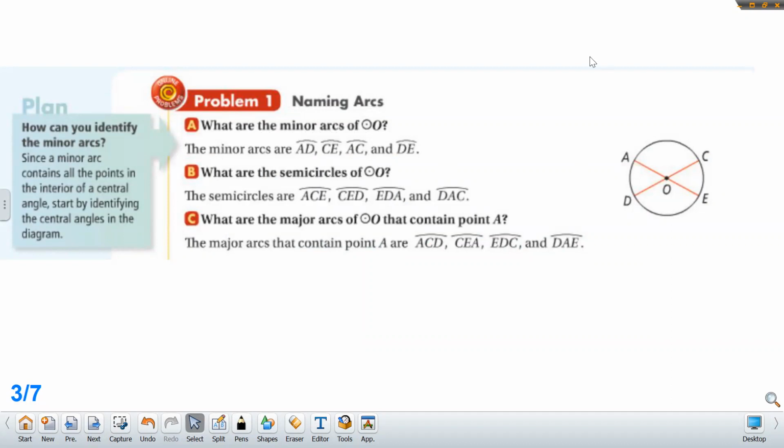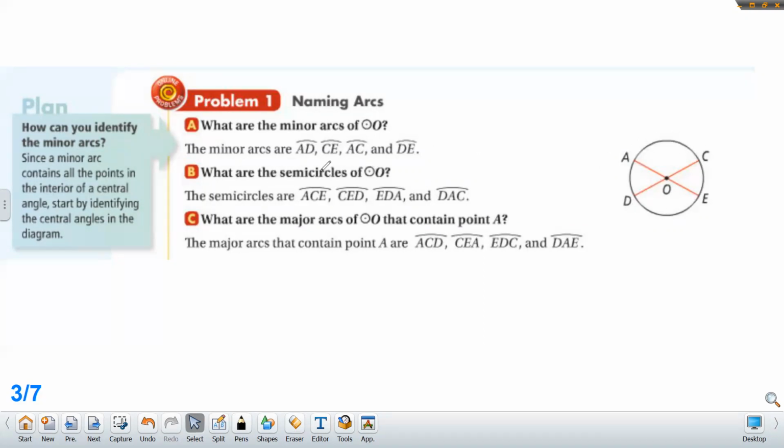Yes, AD is one of the minor arcs. DE is another minor, because it is part of the circle. EC is another minor, AC is another minor. So I can say AD, CE, DE, and AC are minor arcs.